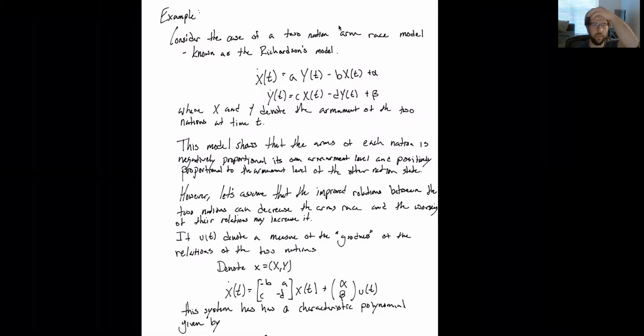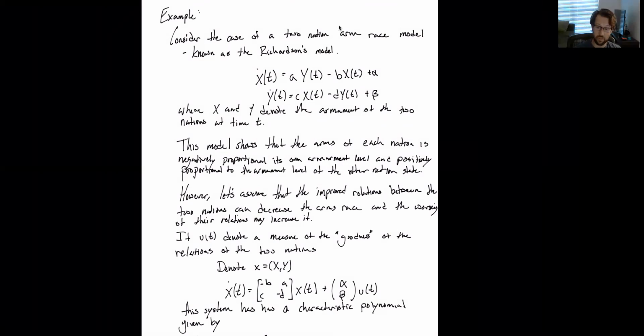I just thought that was a pretty cool, pretty unique model to show, and how you can use control theoretical tools to actually talk about how social dynamics or political dynamics may change with inputs, or how the systems might be stable.